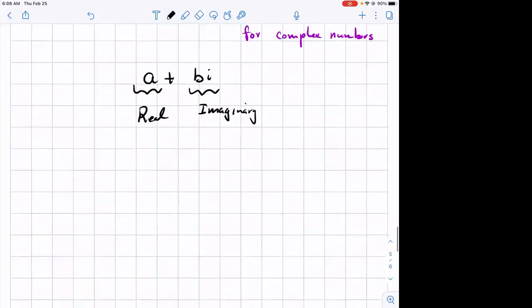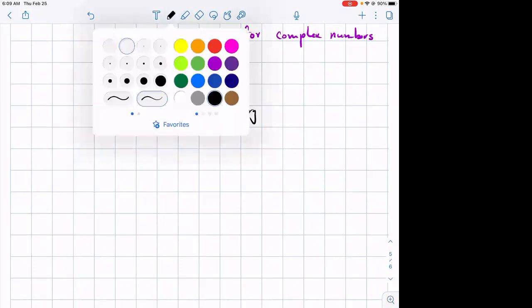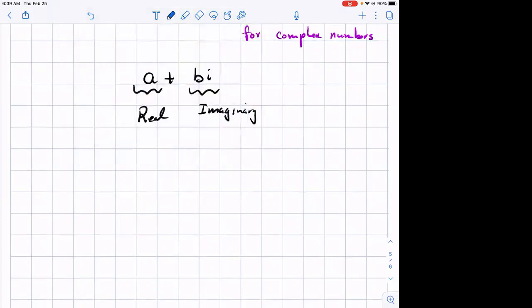Now you may often hear that every real number is a complex number. And that may sound weird to you. The reason we say that is because if we have 5, 5 is a real number.